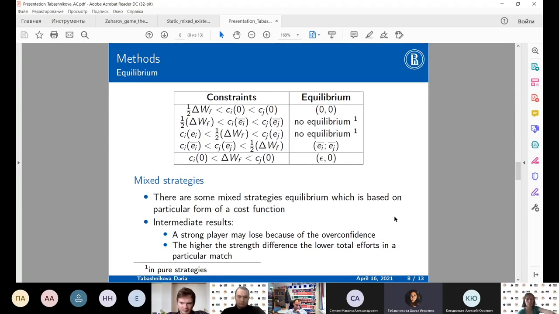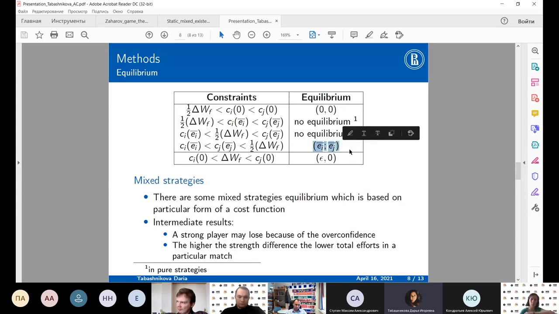So we get some types of equilibrium, like 2 extreme cases: when both players in a match put 0 effort, the lowest effort which we can imagine, and the other type when players put the highest effort, denoted by E bar.